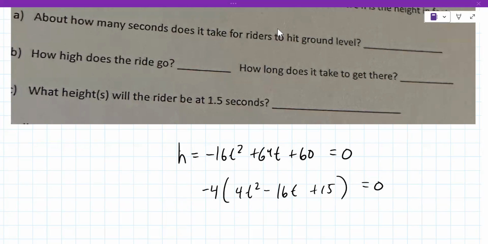I had entered the wrong coefficient. 256 minus 16 times 15, 4 times 4 times 15 is 240.